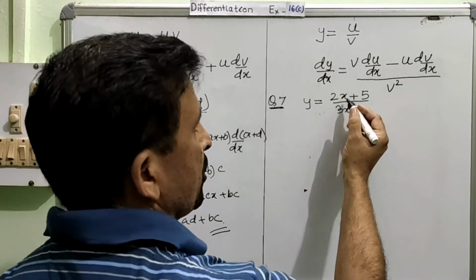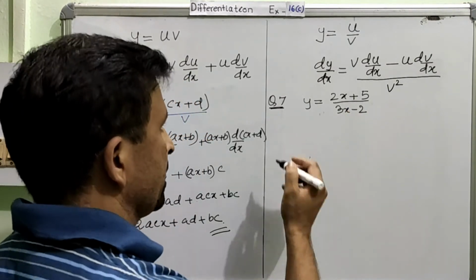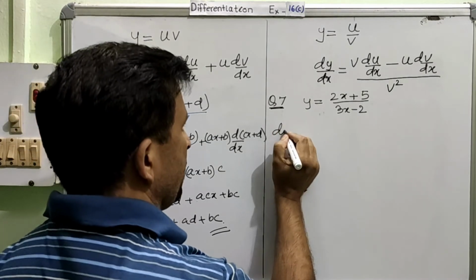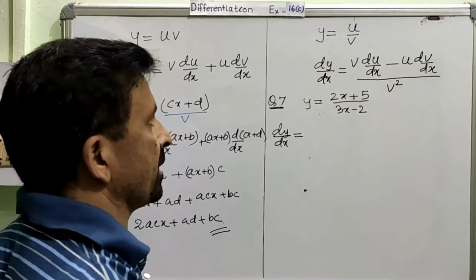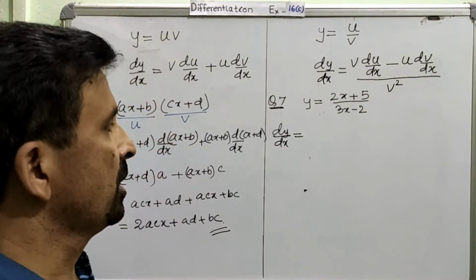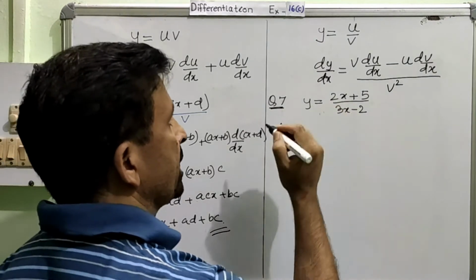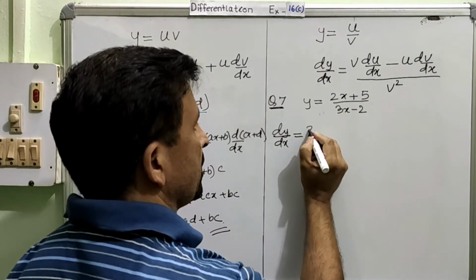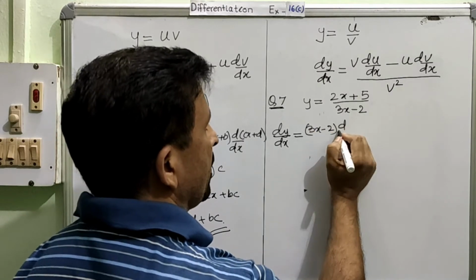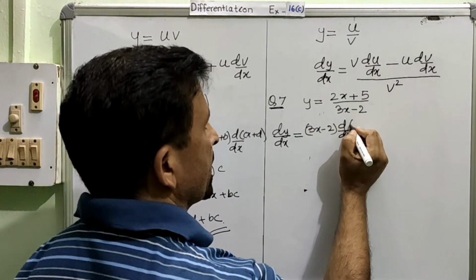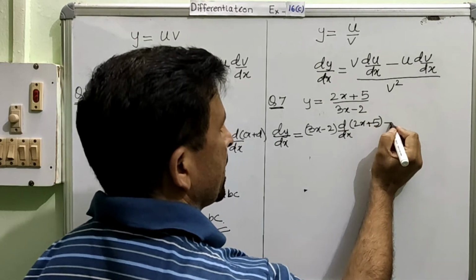Here the numerator will be taken as u and the denominator will be taken as v. So a very interesting method, dy by dx. I'm very sure that each one of you is very responsible and smart, so you will definitely enjoy the differentiation chapter. Now here v is 3x minus 2, so this will be kept as it is, 3x minus 2, and then the derivative of the numerator, that is 2x plus 5, and then there is a minus sign.